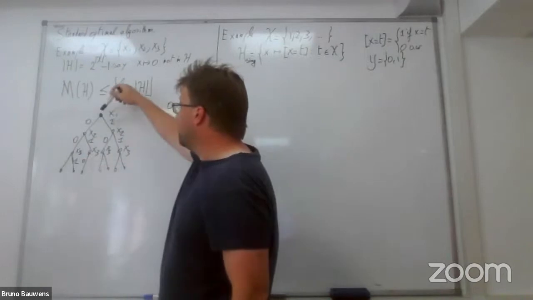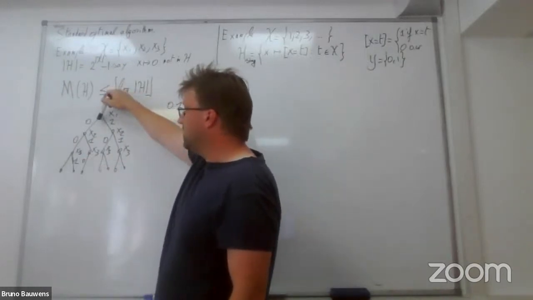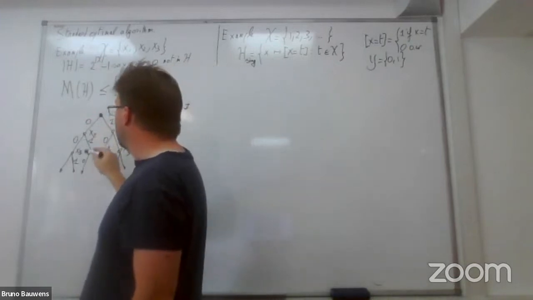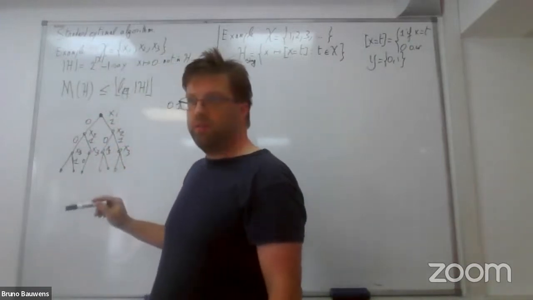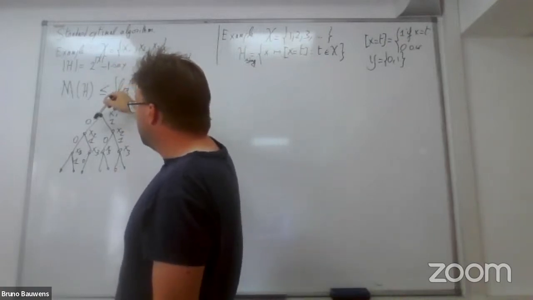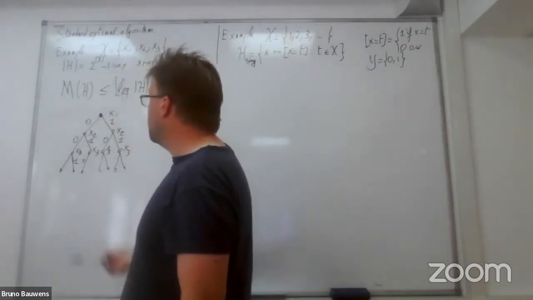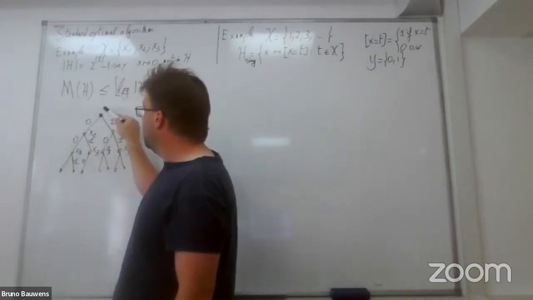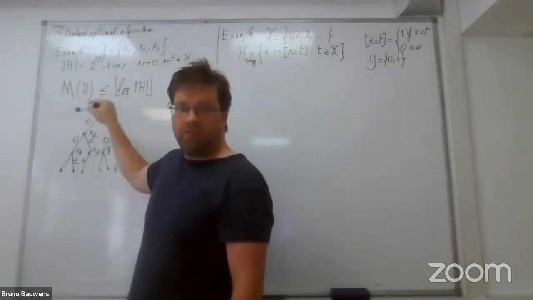Every node has either 0, 1, or 2 children, so it's not necessarily a binary tree. And we are only allowed to write nodes if the input-output pairs for every branch are consistent.